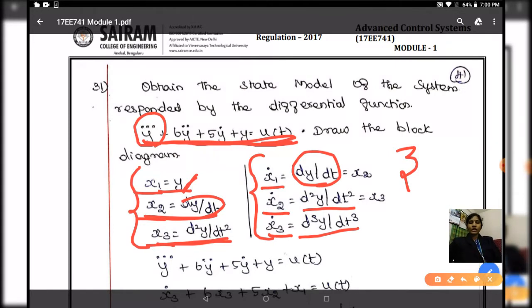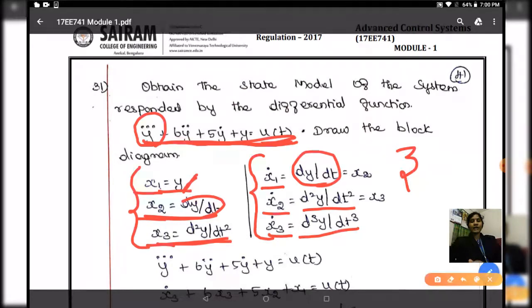Once a differential equation is given in the problem, you should identify its order. As soon as the order is identified, write the state variables accordingly. If the order of the differential equation is 3, you have to write 3 state variables. If the order is 2, the number of state variables is 2.